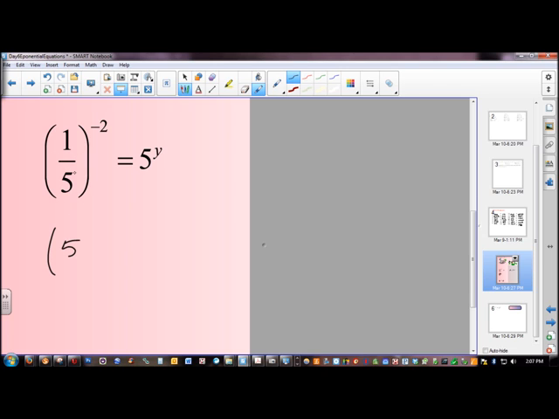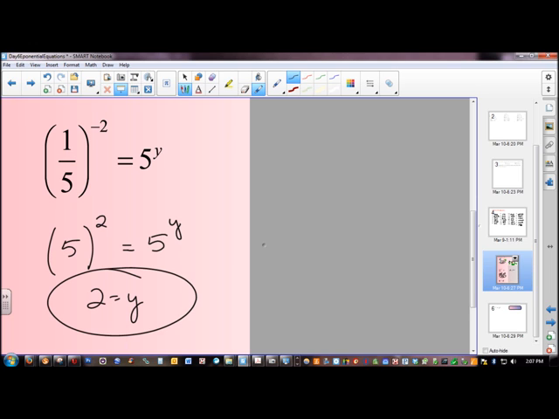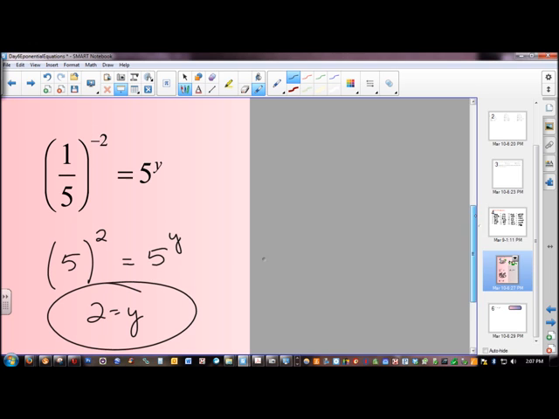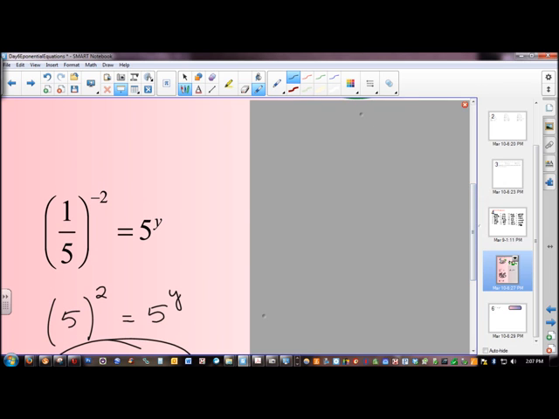When I turn 1/5 over, it's just plain old 5. I don't have to write that denominator, but that made my exponent positive, just taking the reciprocal of that fraction. On the other side, I still have 5 to the y, and now we have the same base. In order for this to be a true statement, in order for that equals to be legitimate, that means that if the bases are the same, the exponents have to be the same, and I've just solved for y. Again, you can check that using your Inspire just by storing.